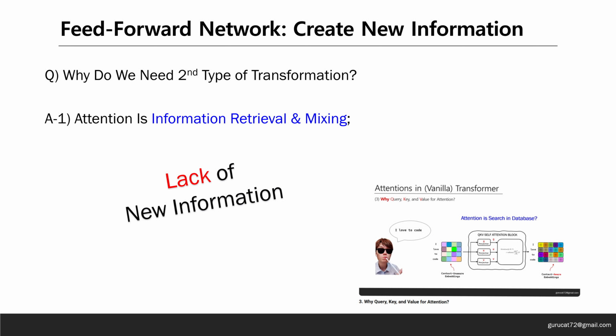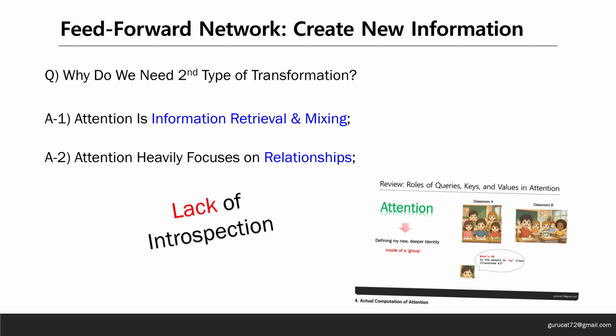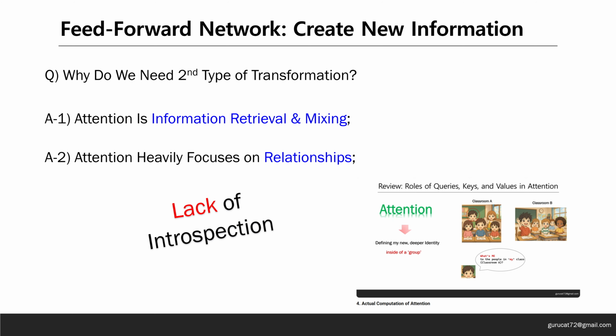First, attention retrieves, compares, and mixes information, but it doesn't create anything completely new. As we've discussed in episode 3, it's like searching a database. You can retrieve, reorganize, and blend what is there, but you can't invent new features. Next, attention heavily focuses on relationships between tokens.